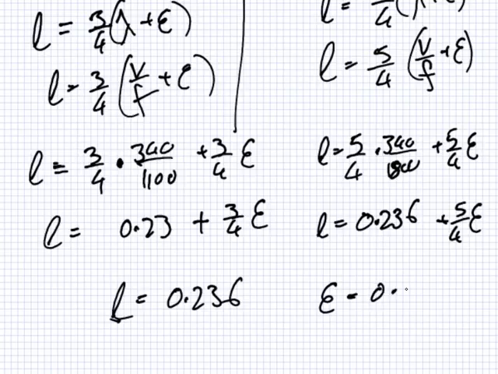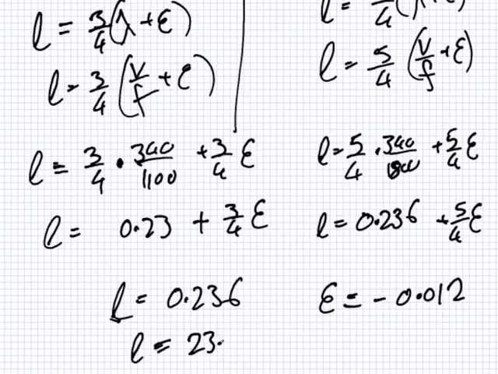0.012 with a minus. So the length of the pipe is actually 23.6 centimetres, and the error was minus 1.2 centimetres.